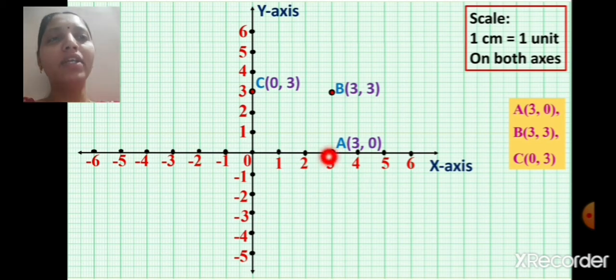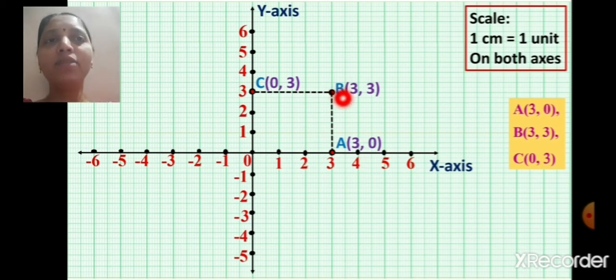Okay. Now you have to join all these points. So what will you get here? If you join point A and B, point B and C, then you will get a figure here. Now what is the distance between points A and B? It is 3 units.